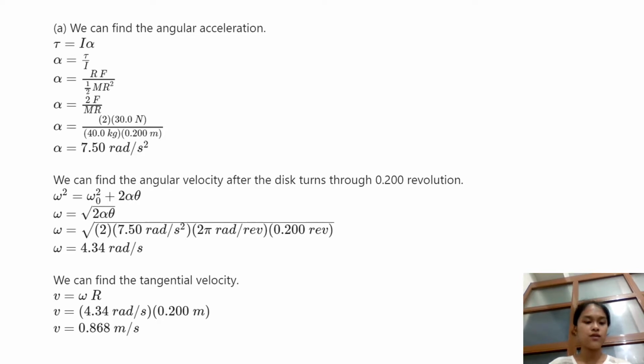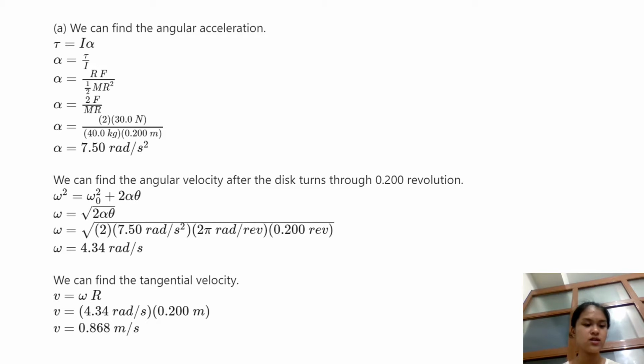We remove the initial angular velocity since it's initially at rest, and we substitute the values in the equation, angular velocity equals the square root of 2 times acceleration times theta, and we obtain 4.34 rad per second for the angular velocity.